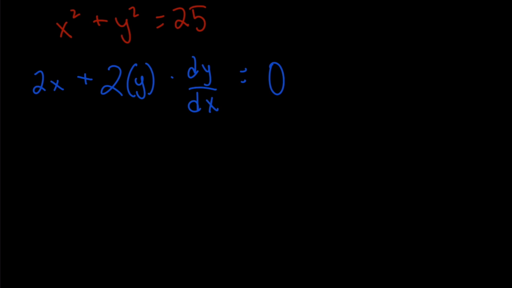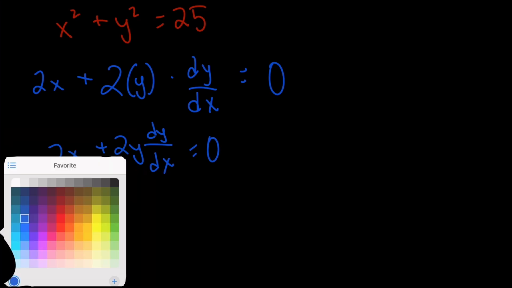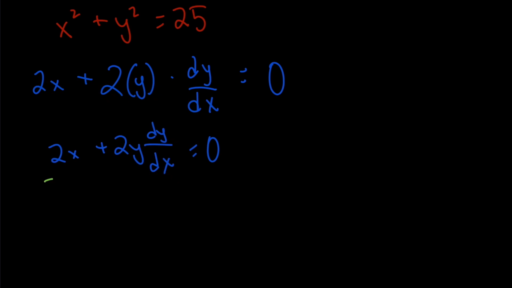So now this is our final problem. Here, I'll make it a little bit easier: 2x plus 2y dy/dx equals 0. All you have to do now is literally just isolate dy/dx. In order to do that, we're going to subtract the 2x, minus 2x on both sides.